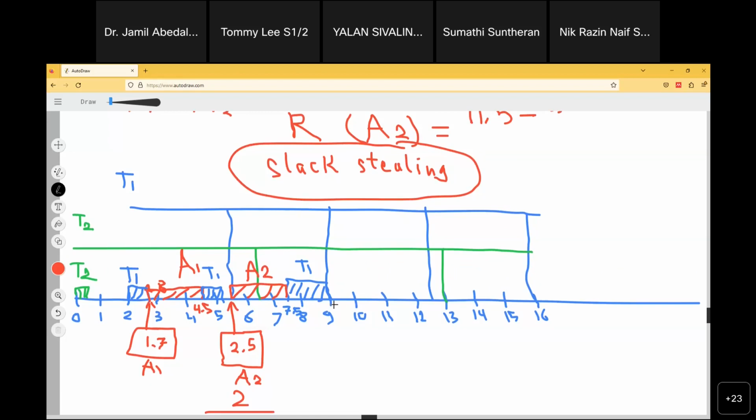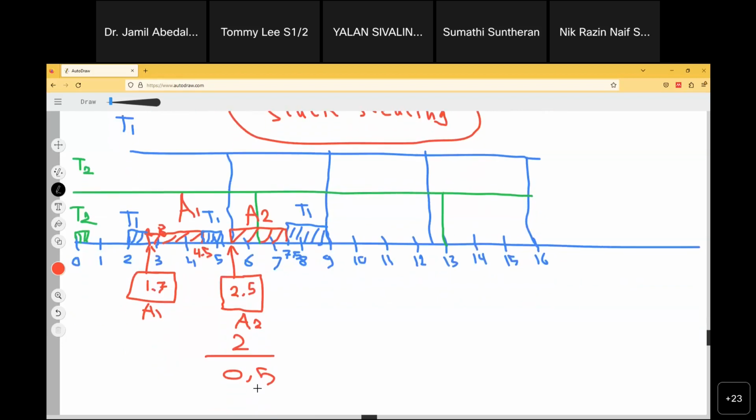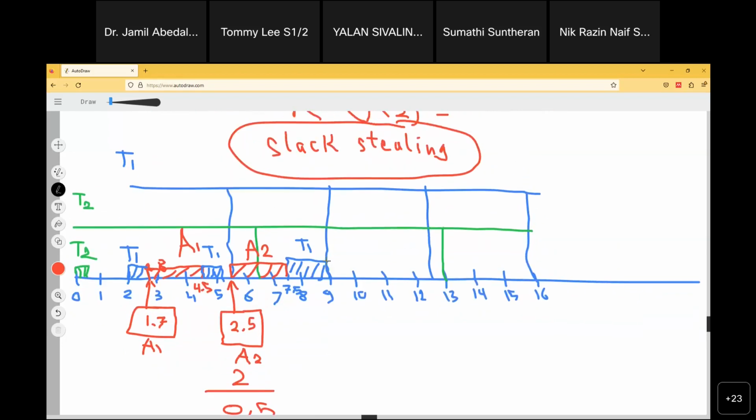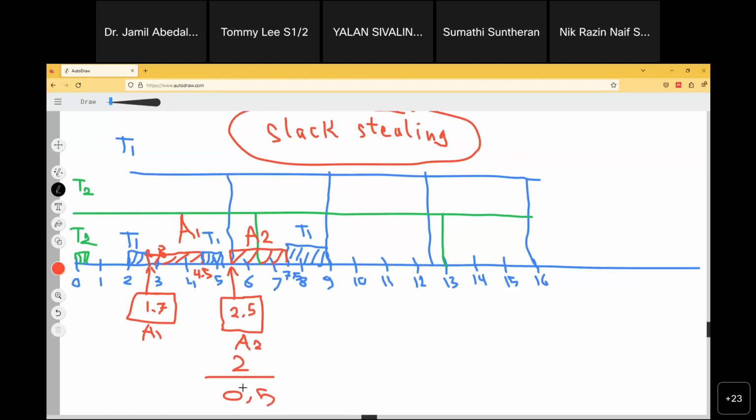Aperiodic, correct. So we execute the aperiodic first, on the important condition that there is no missed deadline. How much do we need to execute of the aperiodic? Only half, and we still have a huge amount of time to execute T1 and T2. Agree? So we execute that half unit from 9 until 9.5. This is A2.